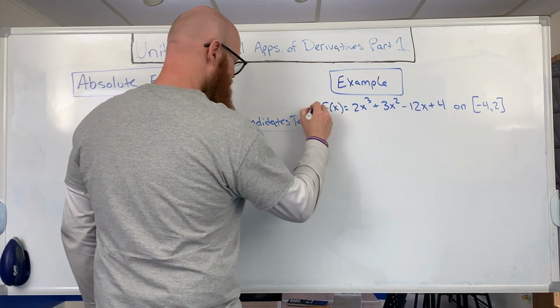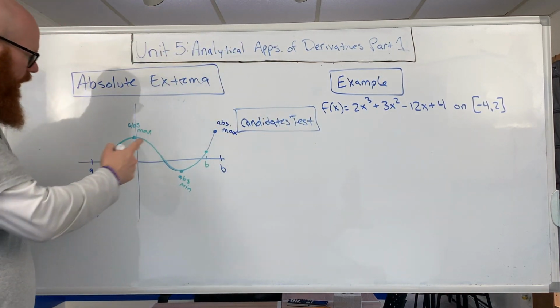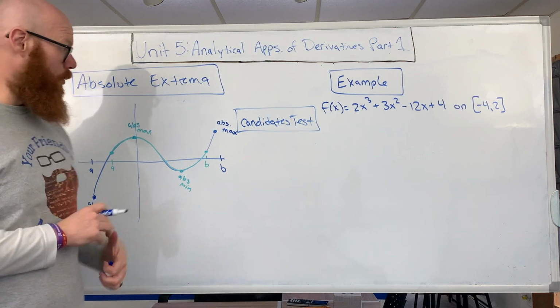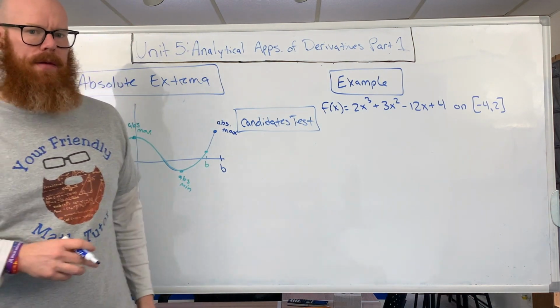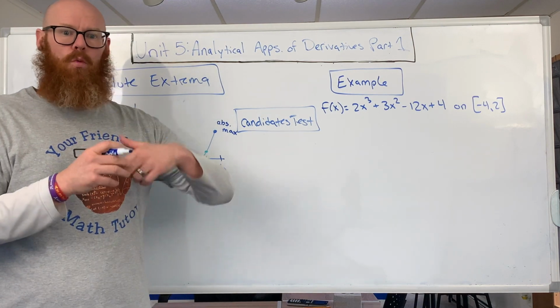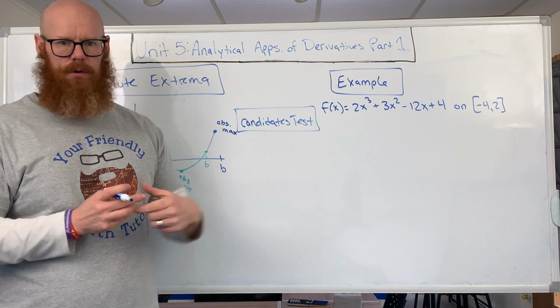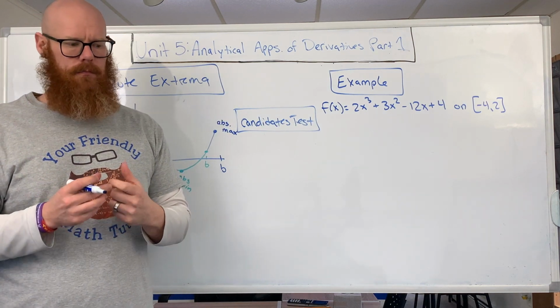So what the candidates test says is that on an interval, you obviously have an infinite number of points. And what we want to do is find the highest and the lowest. So we want to be able to figure out which point is the highest and which is the lowest, but without a graph. So we're going to do an example of one where we don't have a graph to look at.